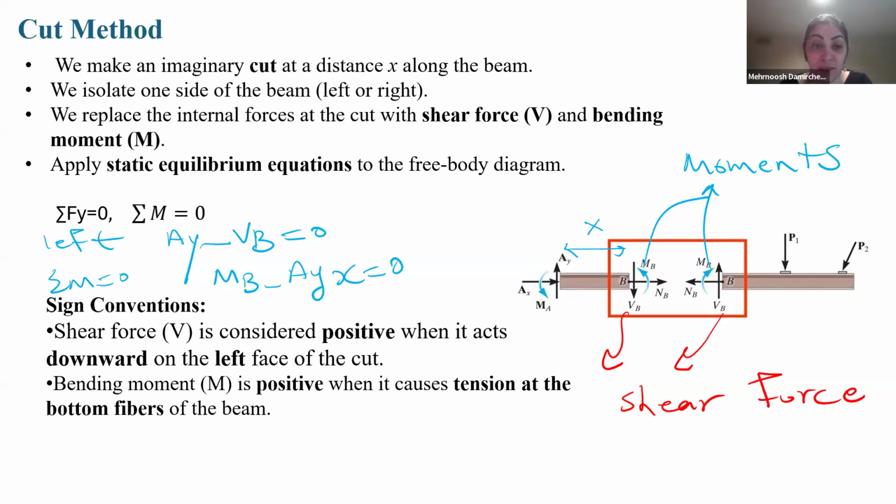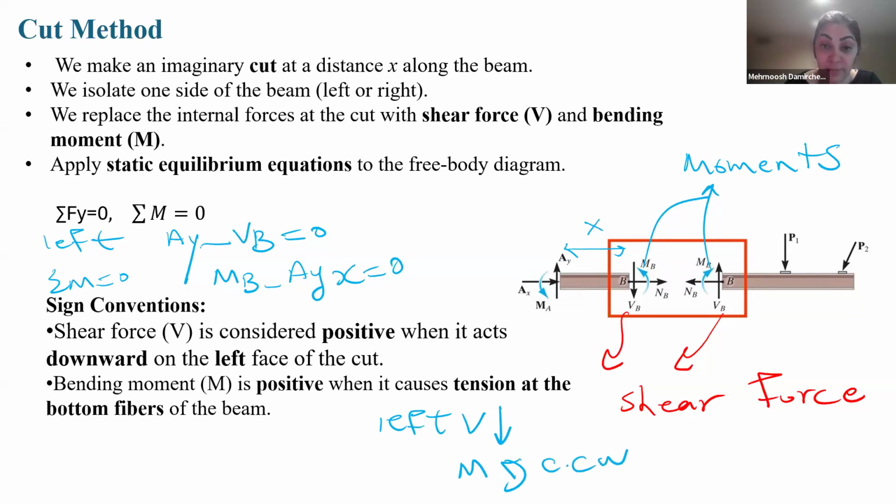Shear force is considered positive if, for the left side we consider, it is downward. Look here. For the left side, positive V should be downward, and bending moment for the left side should be counterclockwise. So for the left side, it's very important: V should be downward and M should be counterclockwise.